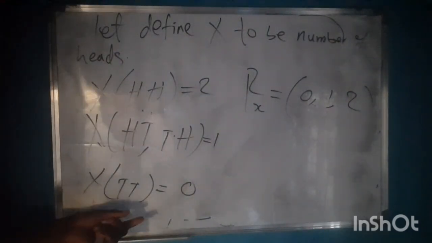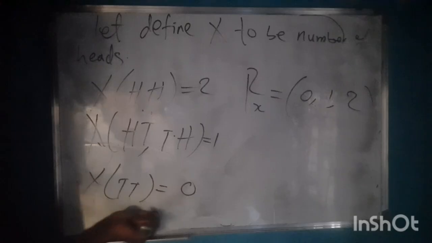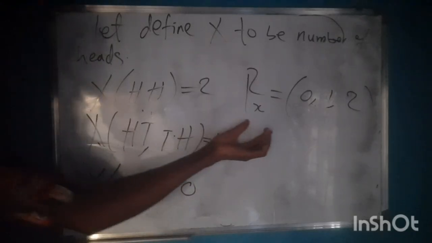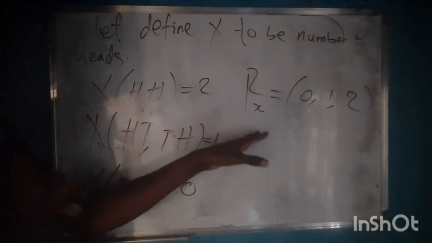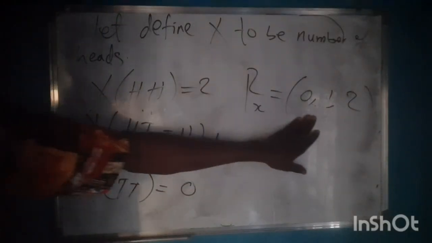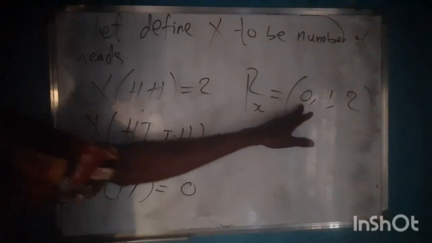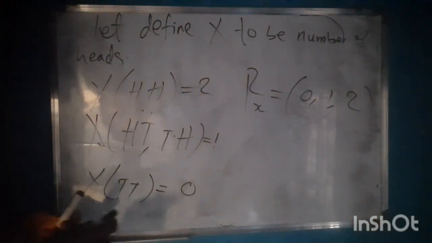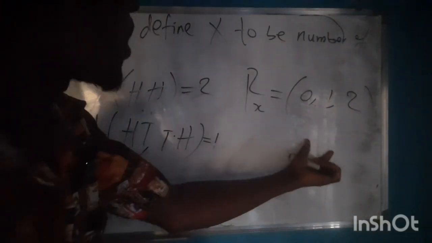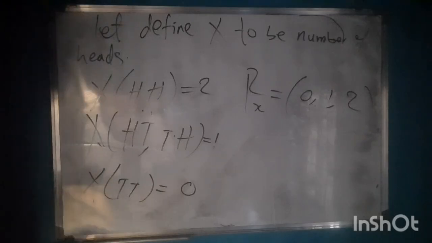So in an experiment where a coin is tossed twice, if you are interested in heads, the possible values that we are going to have are 0, 1, 2, which is our range, the collection of all the possible values that a random variable can assume.